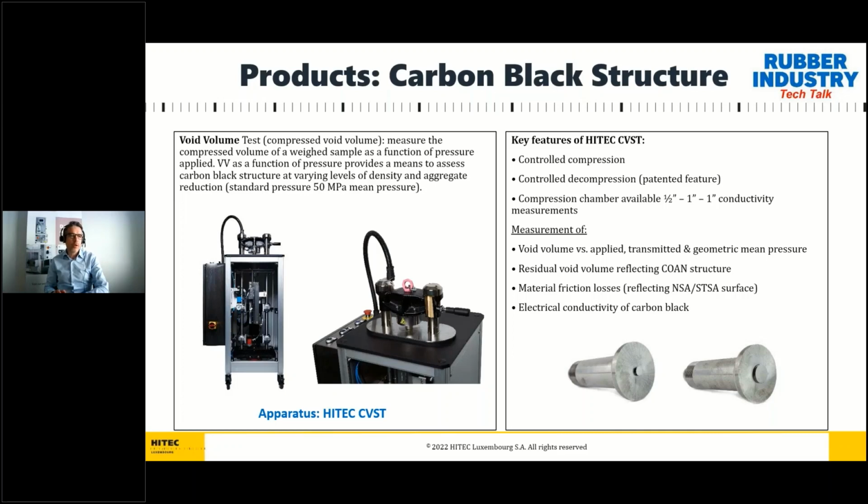The standard pressure applied is 50 megapascal, but our equipment can go much higher in terms of applied pressure. So for R&D purposes, a user can decide to test higher pressures too.